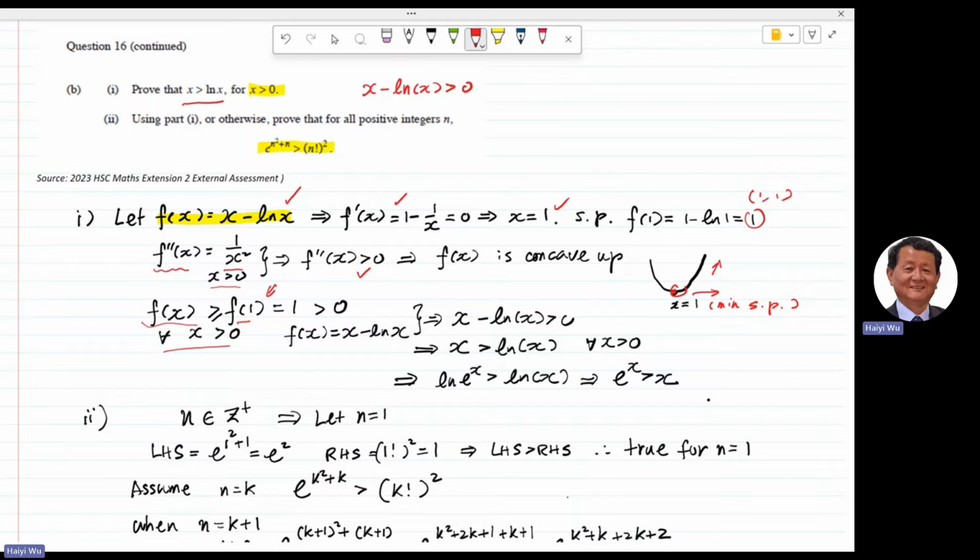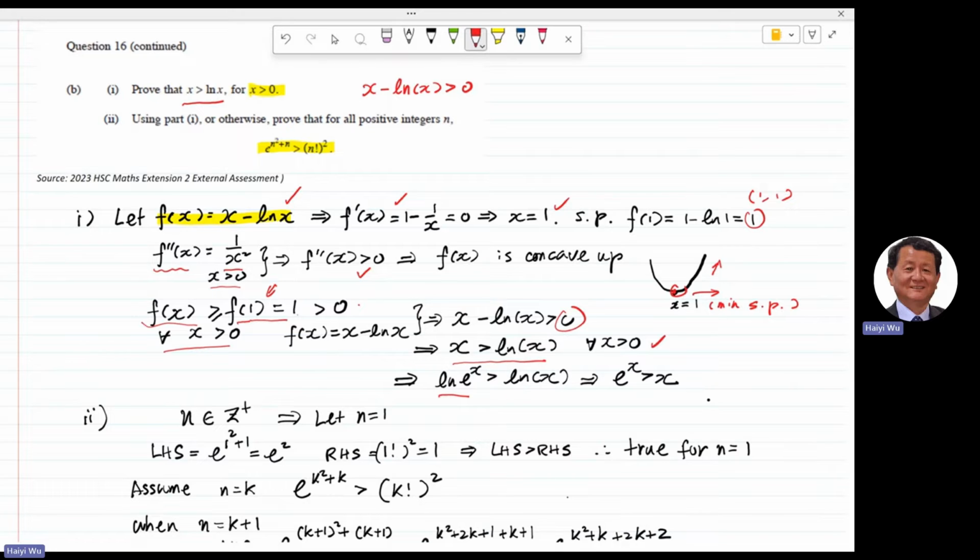Therefore, we can see f(1) is greater than or equal to 1, and 1 is more than 0. So f(x) is always positive. If it's positive, we move that one to the right, so it becomes x greater than log x, for any x as long as it's positive. Then I'm going to choose the left-hand side to become log e to the power of x.